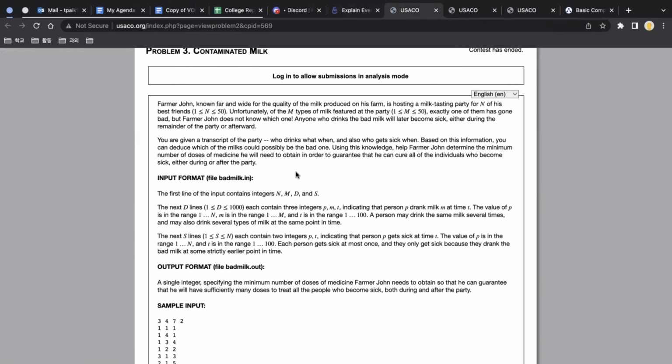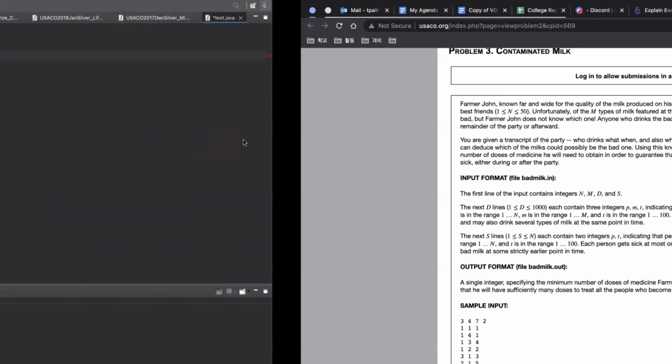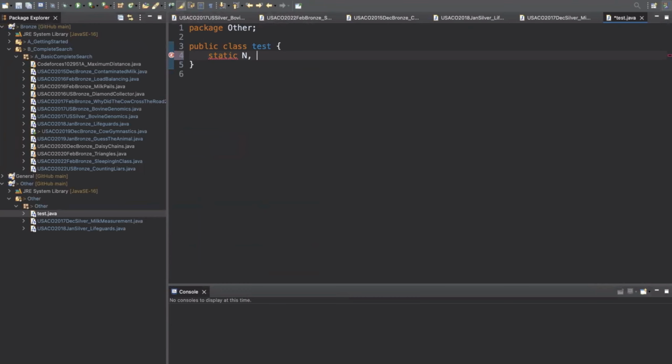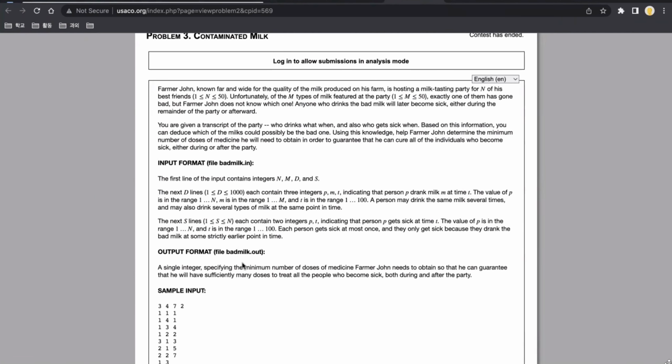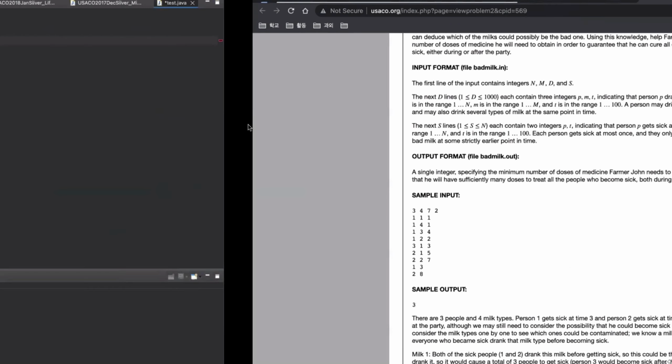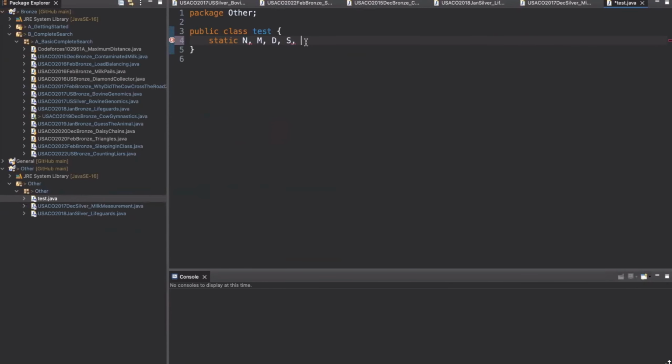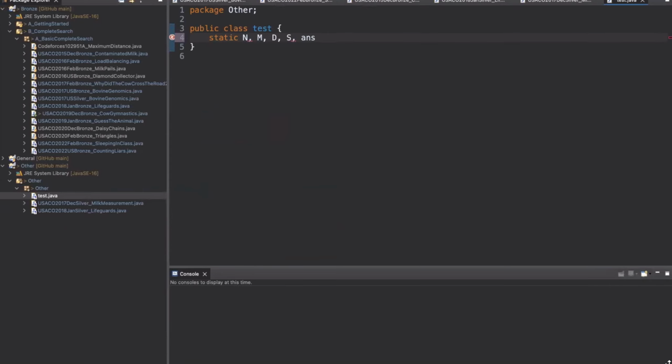And first we have NMDS. And we also need to find the maximum number of medicine doses that we need to bring just in case. So answer.